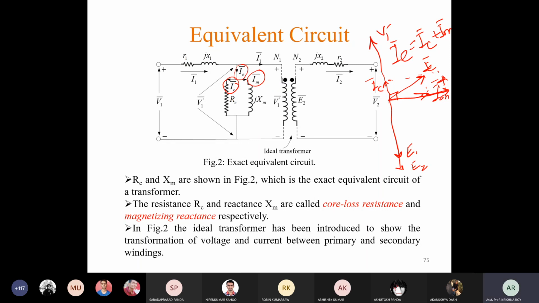Any other question? So this is the exact or main equivalent circuit. Next we are going to study other equivalent circuits which are modified versions of this equivalent circuit. So you have to understand this one very clearly.